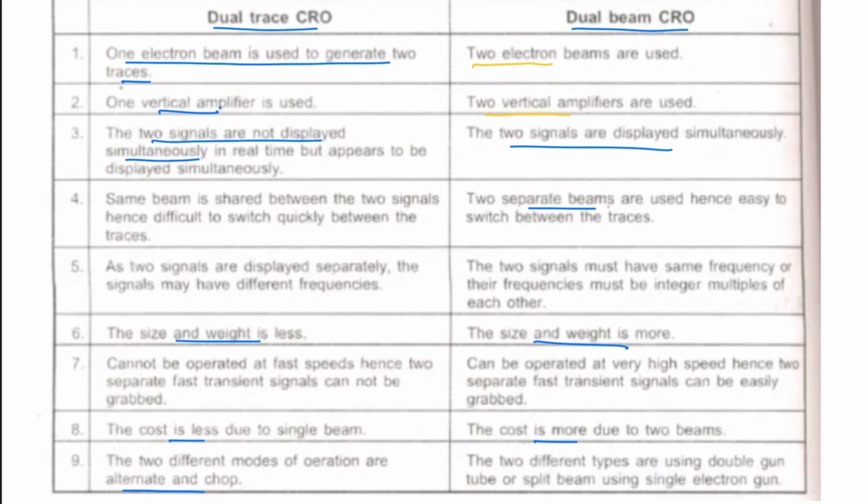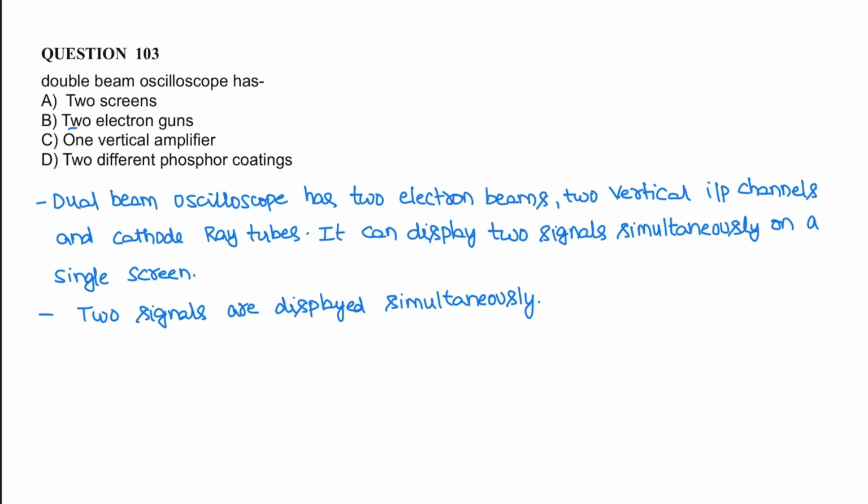So in conclusion, dual beam CRO has two electron guns, two vertical amplifiers, two signals are displayed simultaneously, and two separate beams are generated. As per the question, dual beam oscilloscope has two electron guns, only one screen, two vertical amplifiers, and one phosphorus coating.